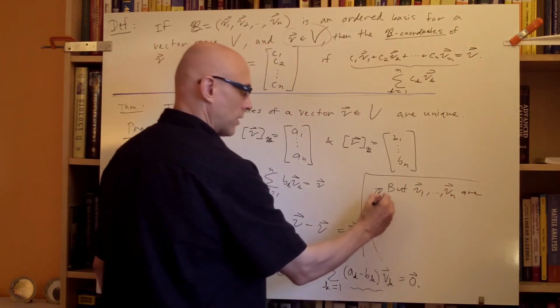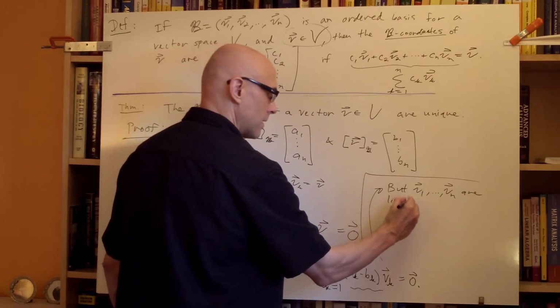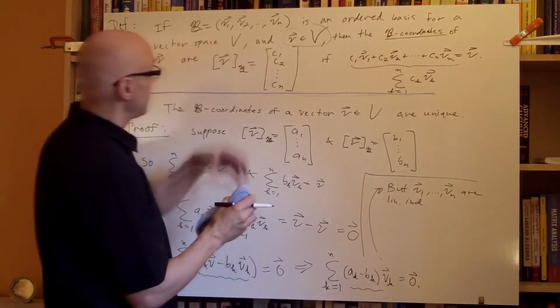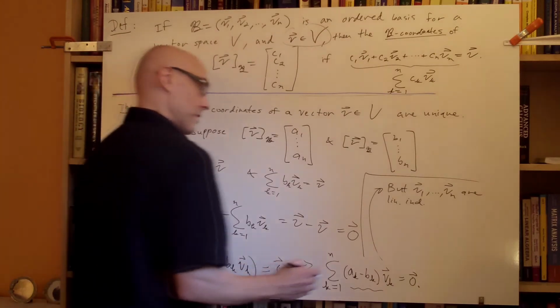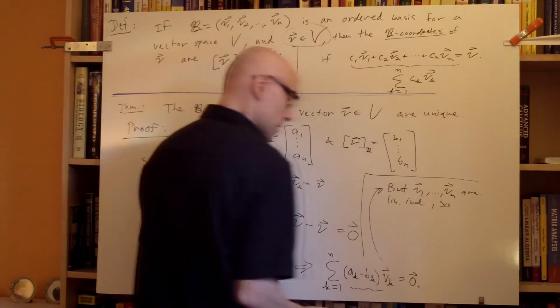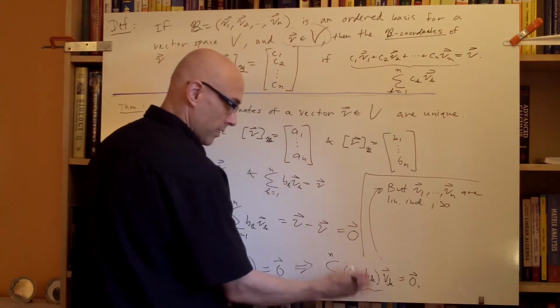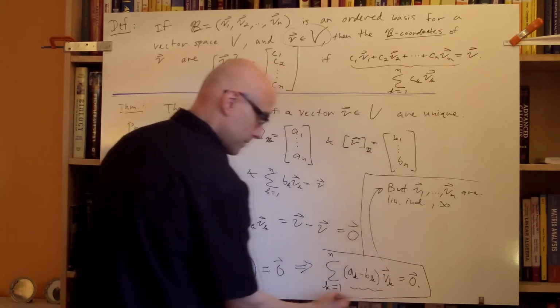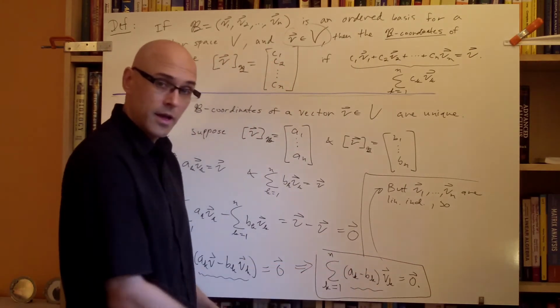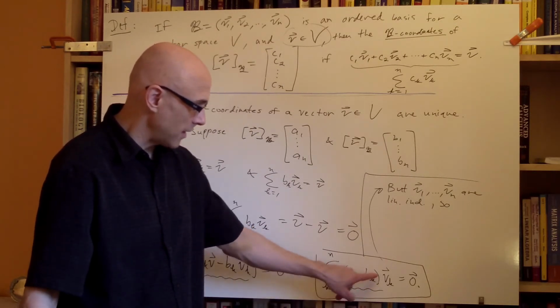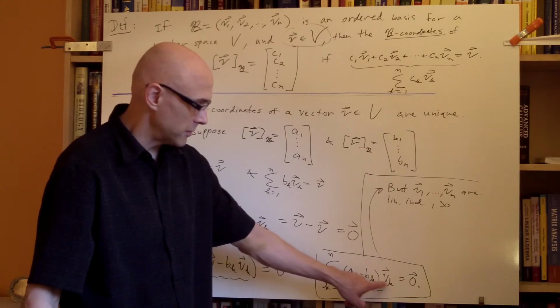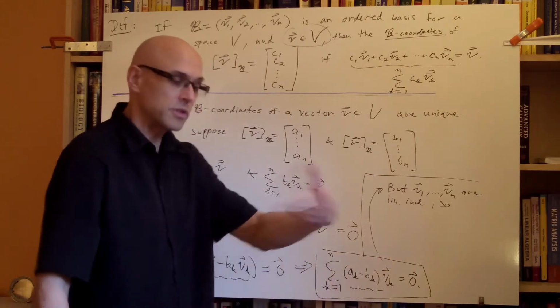So v1 to vn are linearly independent by virtue of them being elements of your basis. So this equation here can only be satisfied if each of these scalars in front of our vectors vk are equal to 0.